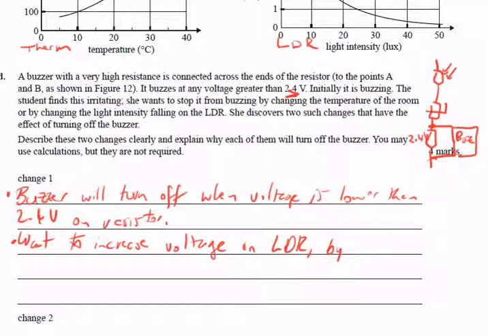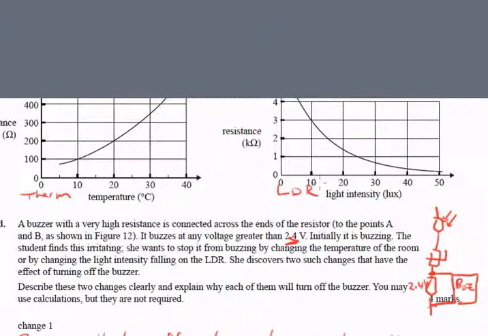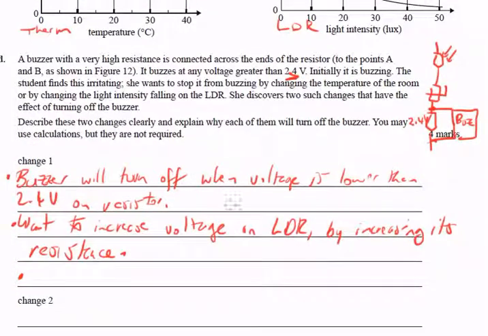For the components in series here, the ones which have the most resistance have the most voltage. So by increasing its resistance, and we can't just turn the resistance up, but we can change something on the LDR which will change its resistance. Its resistance will go up when the light intensity goes down, so when it gets darker. So this is achieved by making it darker.